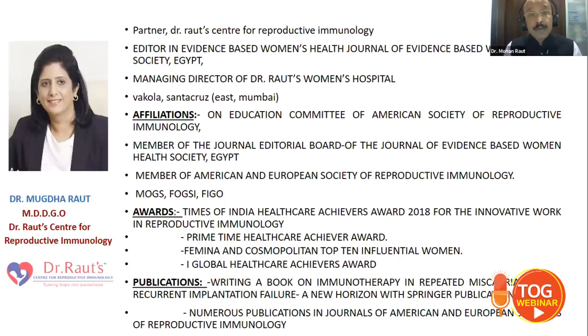There are various awards to her credit: The Times of India Healthcare Achievers Award in 2018 for innovative work in reproductive immunology, Primetime Healthcare Achiever Award, Femina and Cosmopolitan Top 10 Influential Women, and iGlobal Healthcare Achievers Award. She is currently writing a book on immunotherapy, repeated miscarriages, and recurrent implantation failure, A New Horizon, with Springer publication. And there are numerous publications to her credit in American and European societies of reproductive immunology journals. So over to Dr. Mugdha Raut for her talk.